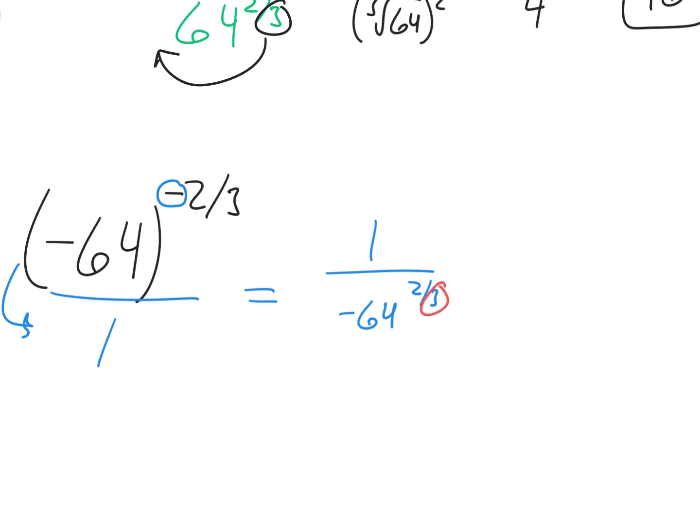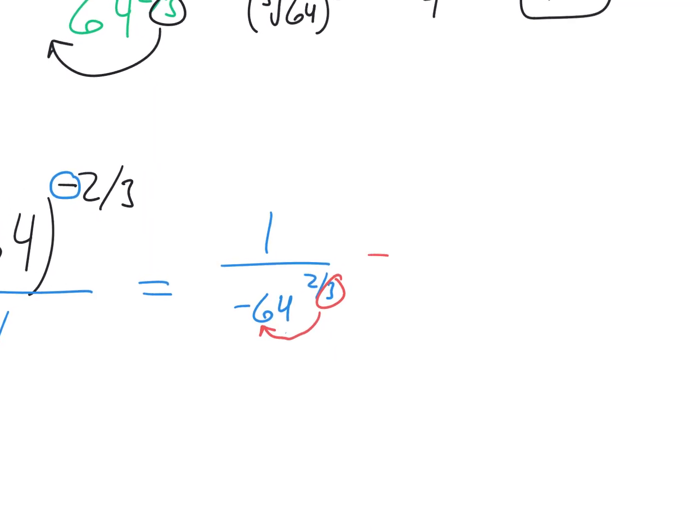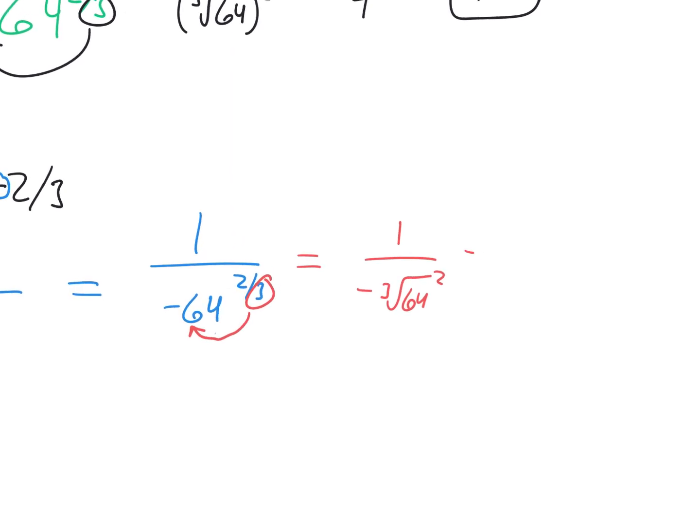And then you take that denominator of 3 and you put it just over the 64. Do you see why that's not correct? So we get 1 over negative the cube root of 64 to the 2nd power like that. Some of you as your answer for this got 1 over, what is that, negative 4 squared, and 1 over negative 16.